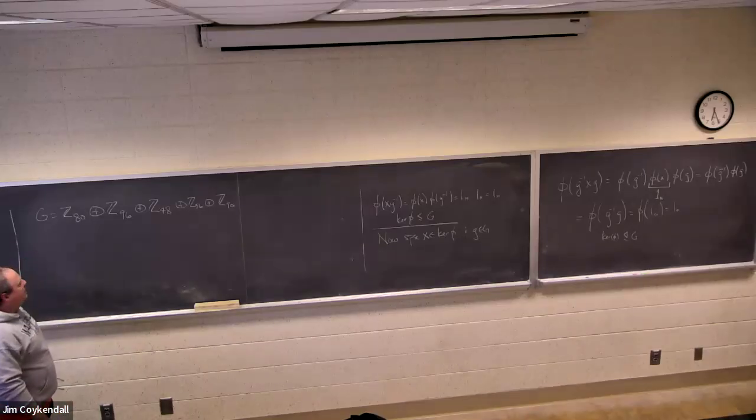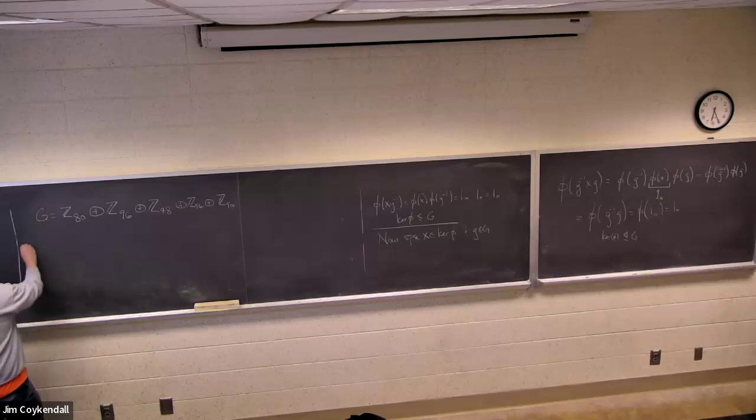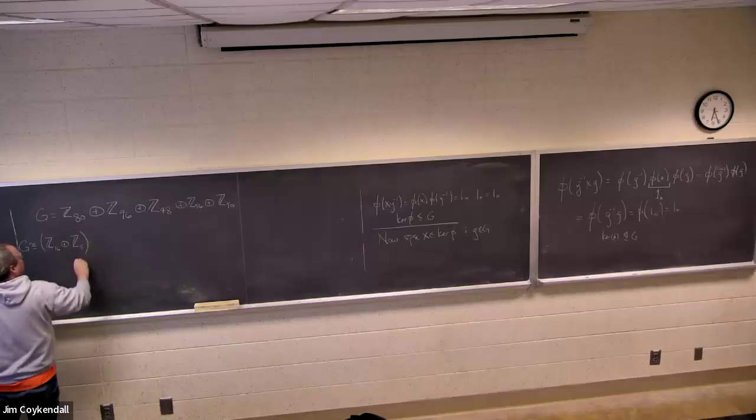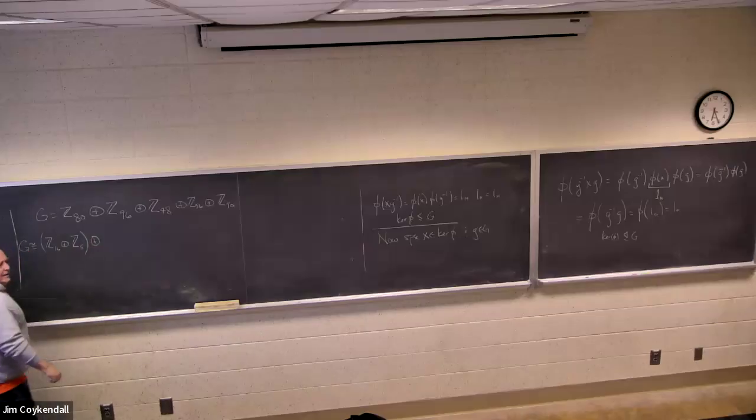Okay, first thing you're going to do is break these up into prime powers. This is 2^4 times 5. 96, I guess, is 32 times 3.